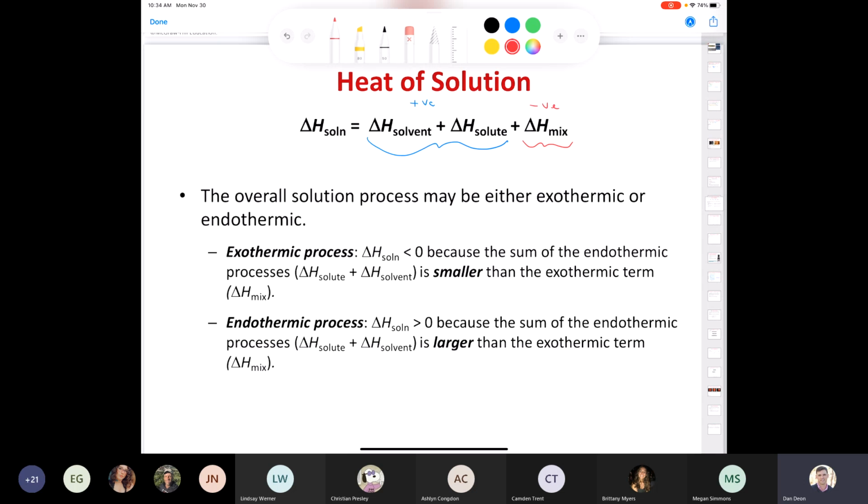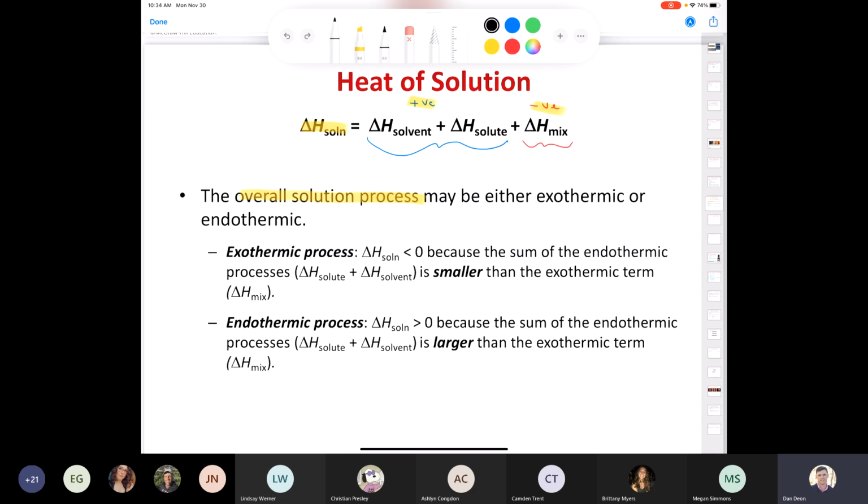And so if we look at the overall process, the overall solution process can be either endothermic or exothermic. It's going to depend on the magnitude of both of these values here, okay? Now, I'm kind of considering these two as one, but it's going to depend on the magnitude of the delta H's.